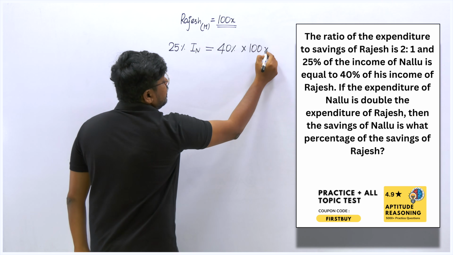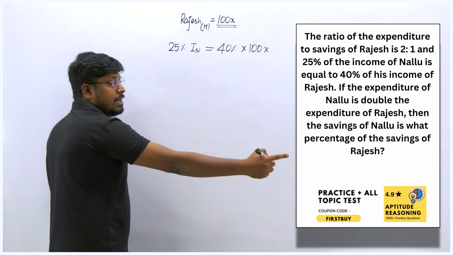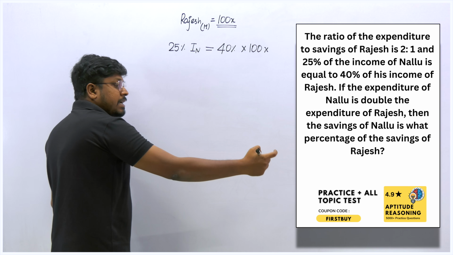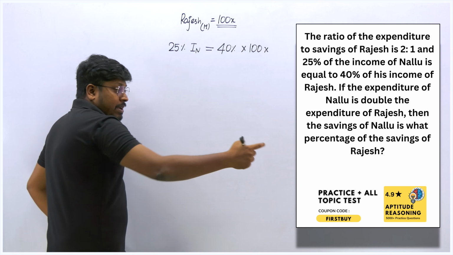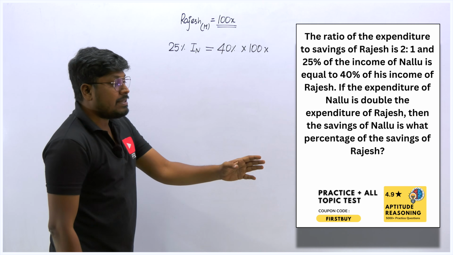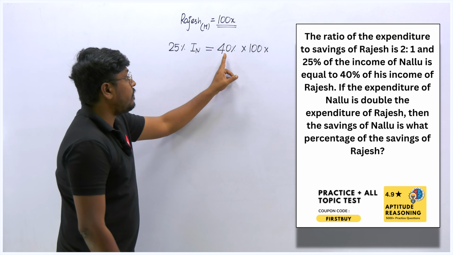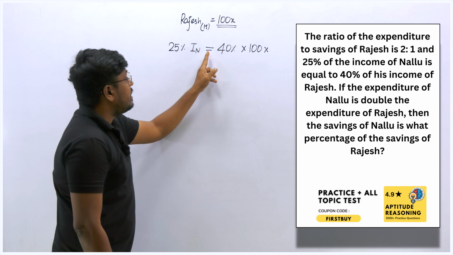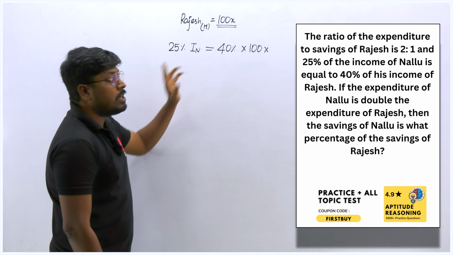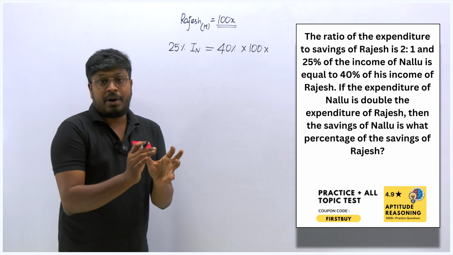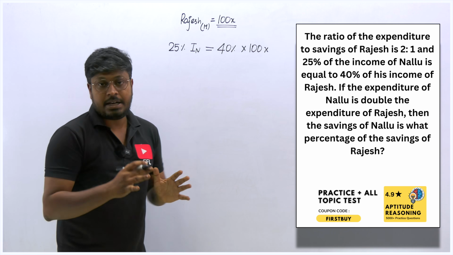Friends, understood or not? This is the point they have given in the question. Second point: 25% of income of Nallu is equal to 40% of income of Rajesh. So 40% income of Rajesh is equal to 25% income of Nallu. By using this point, we can easily find the income of Nallu.